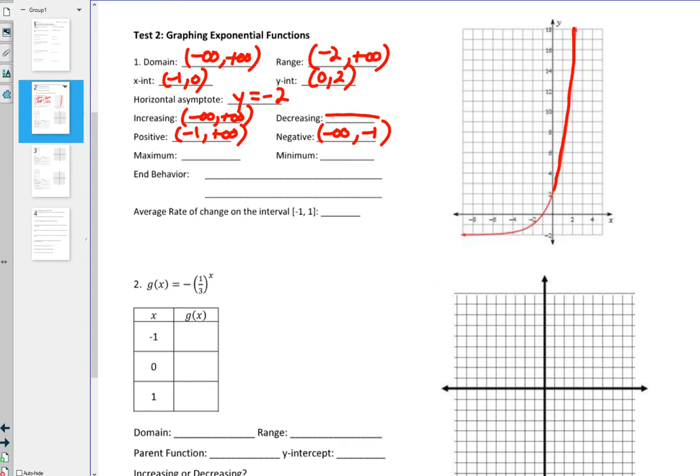Does that make sense to you, or have I confused you? When you say positive or negative, you're referring to where you are with respect to y. Are you above the x-axis or below? But when you explain the interval, when you say, okay, where am I, then you're talking about x. These intervals refer to the x-axis, between left and right.